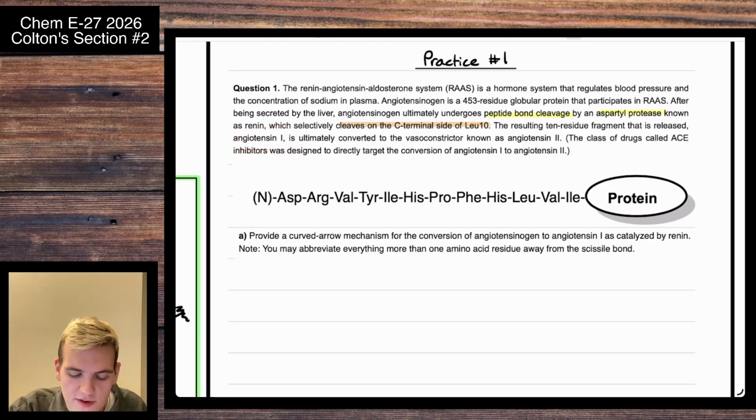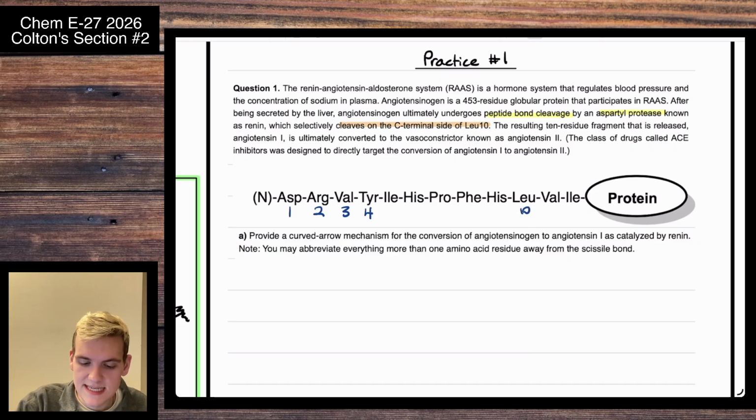So let's first figure out where we're chopping. When we have a number by a residue, that is our number amino acid in the sequence when we start from the N-terminal side. So this is ASP1, ARG2, Val3, tyrosine 4, 5, 6, 7, 8, 9, 10.